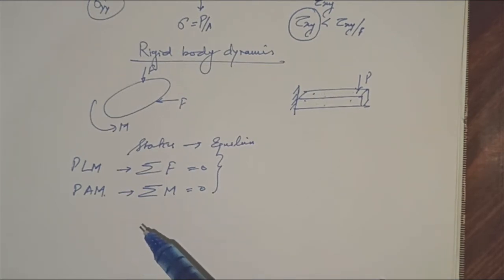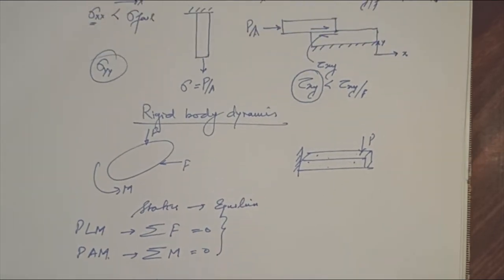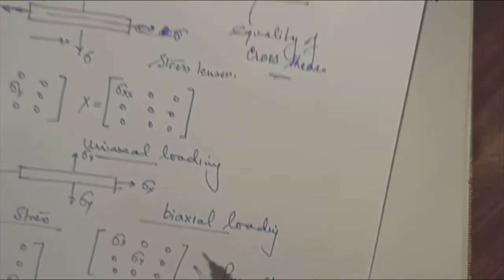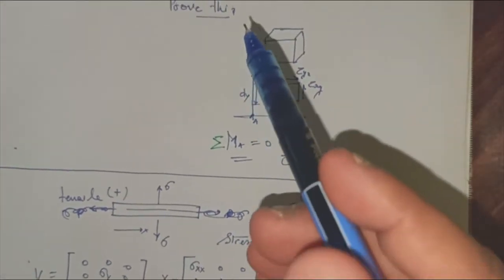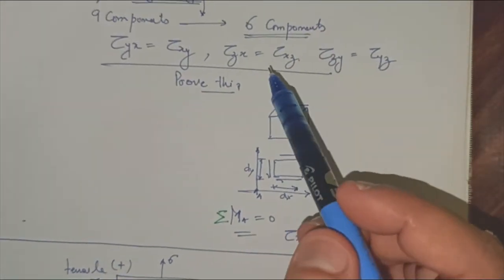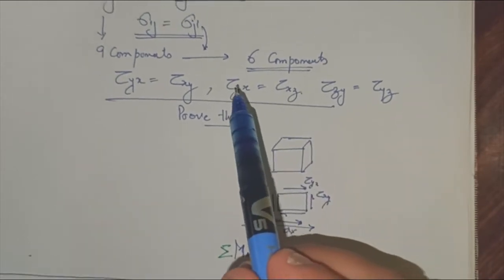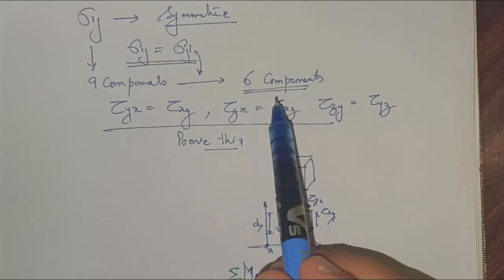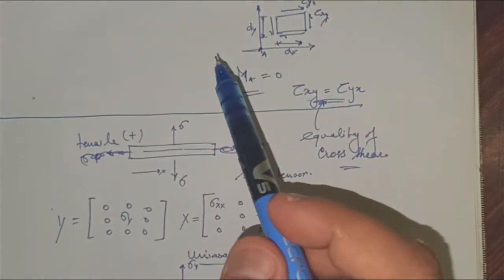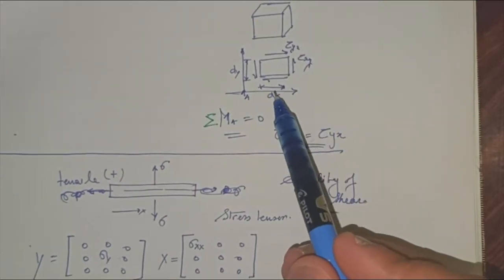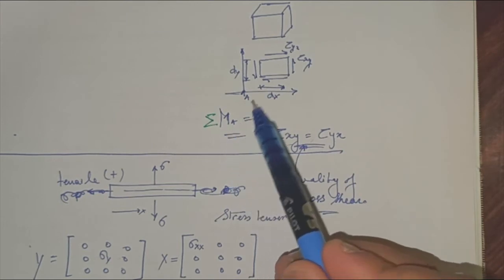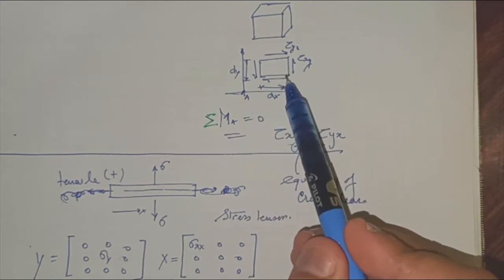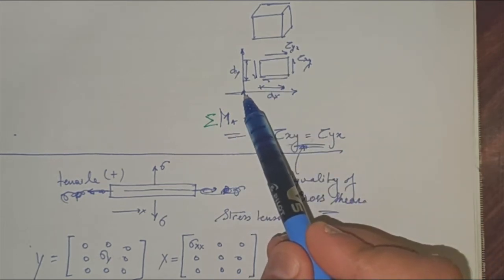Now, as you have seen earlier, I hope you have done the small hands-on exercise that I gave earlier. I asked you to prove that the stress tensor is symmetric. To show that the stress tensor is symmetric, we need to take the moments of the components of the shear about the fixed coordinate system.